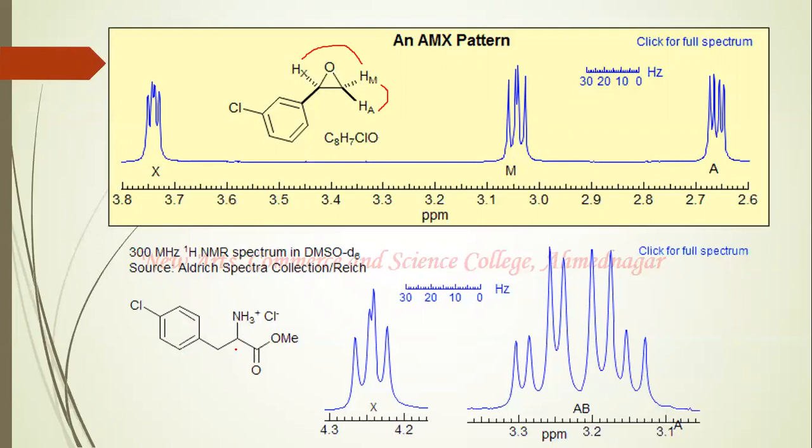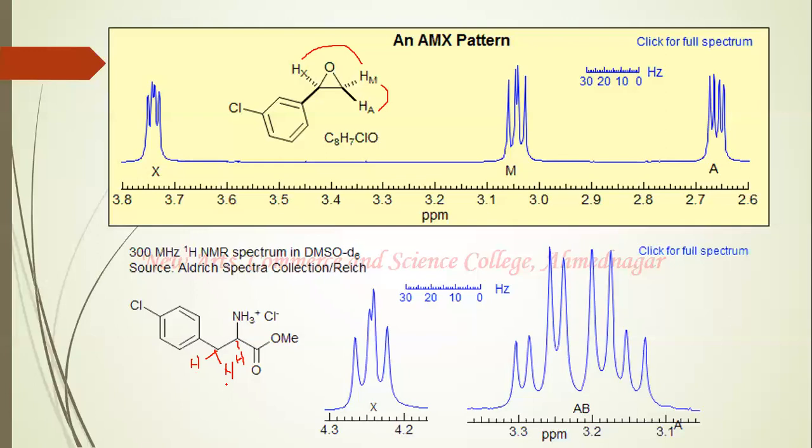At the same time, we'll see this second example, where we have two protons present on this carbon atom, and adjacent to this we have one asymmetric center containing hydrogen. So these are the three protons which couple with one another. But in this case, the two protons which couple by geminal coupling have very close chemical shift values.